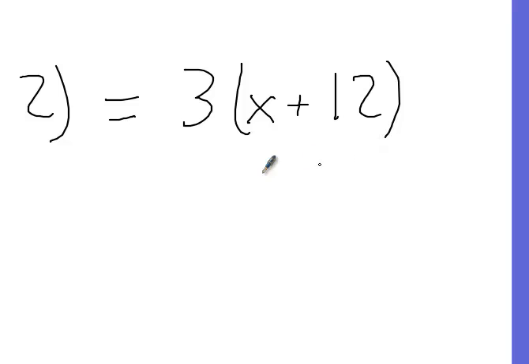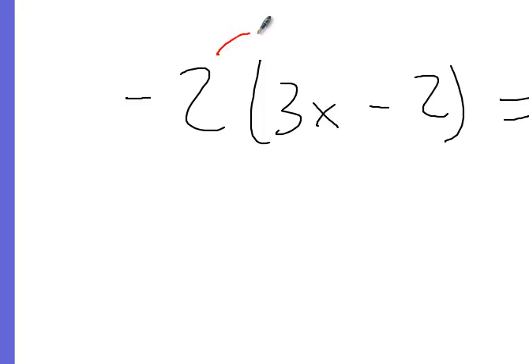All right, next one. This one's going to be a little challenging, mainly because we have a distributive property on both sides. So again, the first step to solving an equation is simplify both sides. On the left side, we have negative 2 times the quantity 3x minus 2.